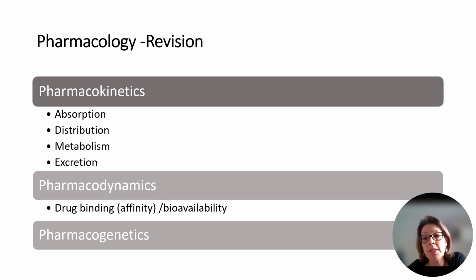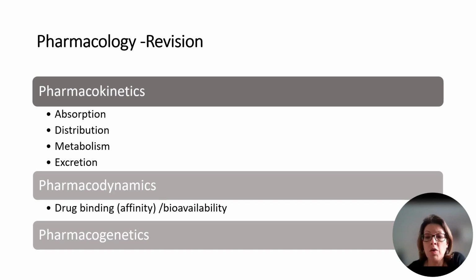Distribution is the process by which medication is spread throughout the body, and metabolism is the third stage, where the breakdown of the drug molecule occurs. And then finally, the drug is excreted, and that could be mainly through the kidneys, but it could also be through the gut.